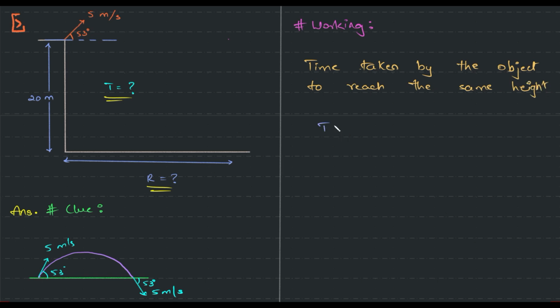Let's call it as TA. Okay. So say this is TA. The time it reaches this same height, let's call it as TA. So it will reach and it will have the same velocity and angle in terms of magnitude, that is.